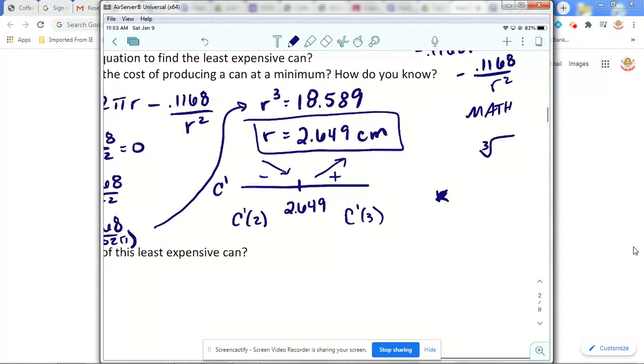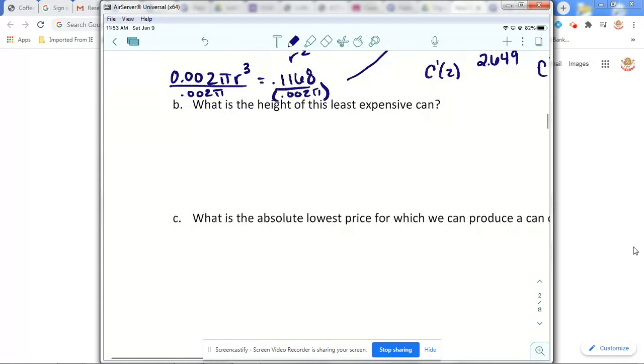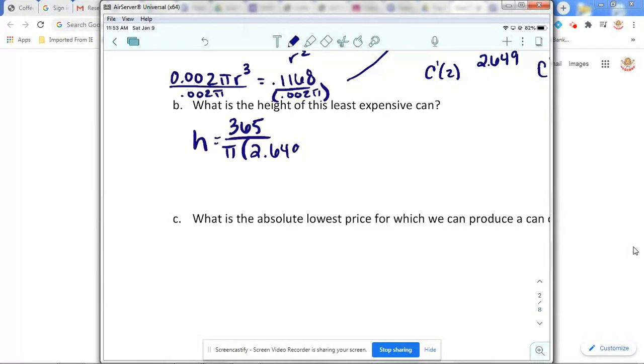And then if we want to know the height of the least expensive can, we can just take that and plug it into our height formula we were using earlier. All right. And that's going to give us a height of approximately 16.557 centimeters.